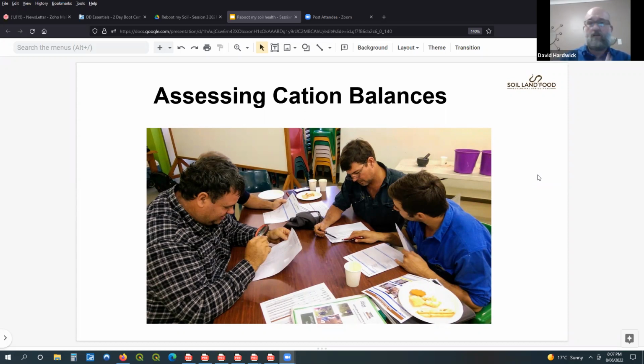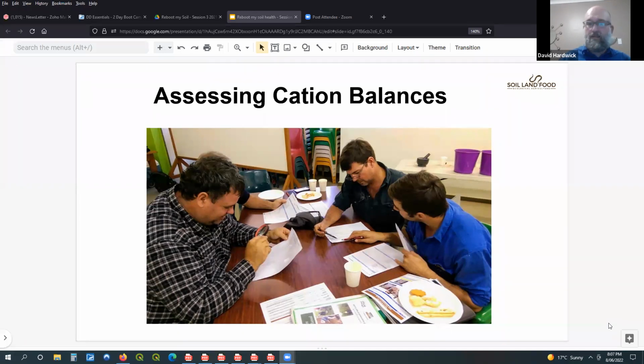There's also things like the physical structure, salinity, which we'll cover next week, and biological dimensions to the soil. All of them are really important, but a normal test can't measure them. So the last main thing that a normal test can help you with is these exchangeable cation balances. So let's jump into it. Hold on to your hats because we're doing it at 8 o'clock at night, and let's rip into it.